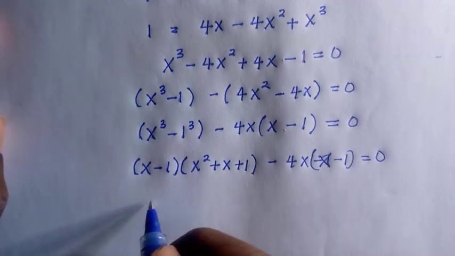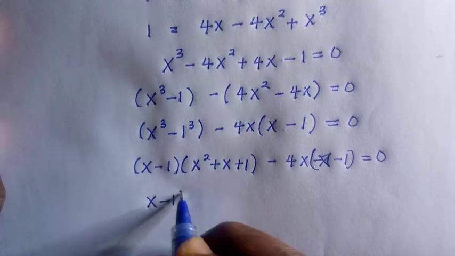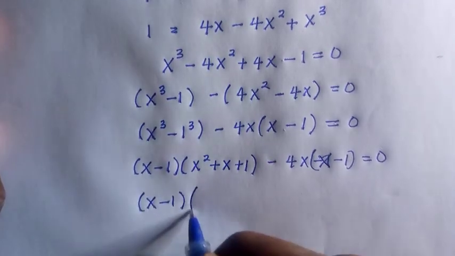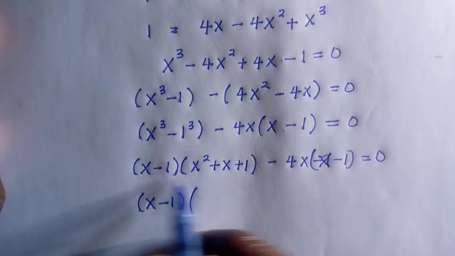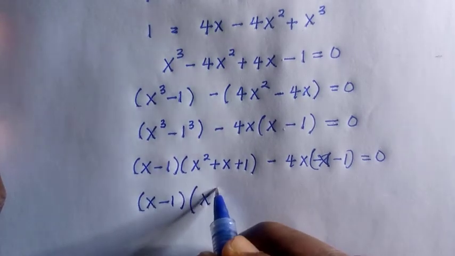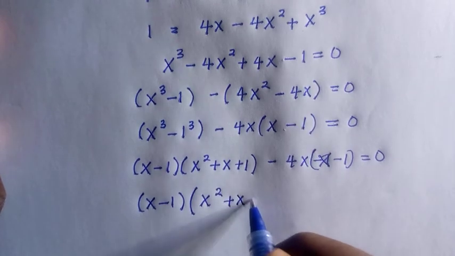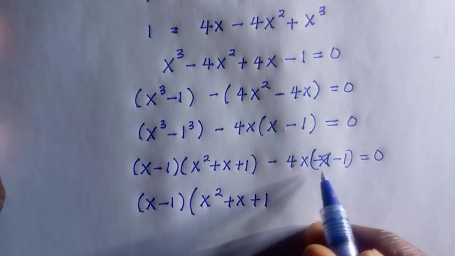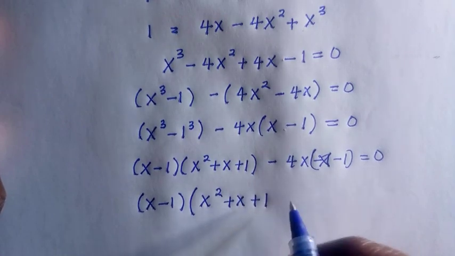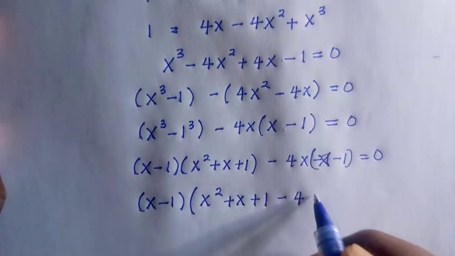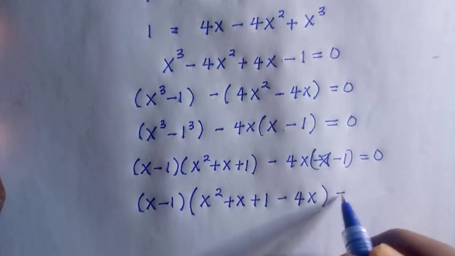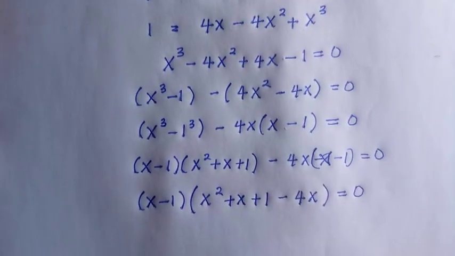By factoring it out, we have x minus 1 open bracket. When we divide this by x minus 1, we have x squared plus x plus 1, and the other term divided by x minus 1 gives minus 4x. Everything equals 0.